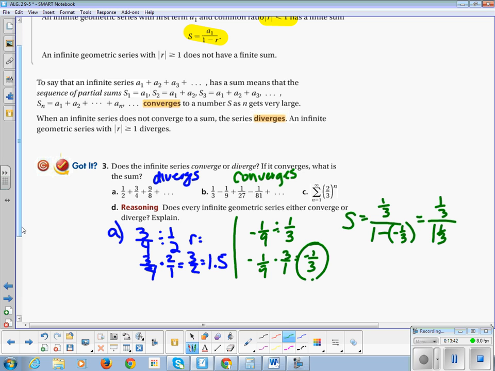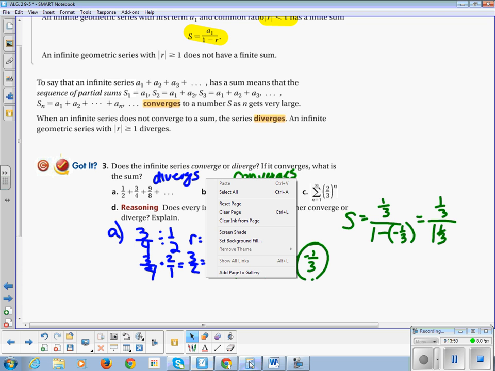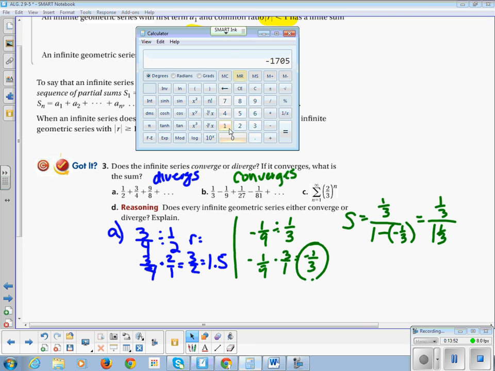Oh my gosh, that's crazy. Because I'm a little bit of a fractionophobe, I'm going to do it in my calculator. So 1/3 divided by 1 1/3, isn't that 4/3?